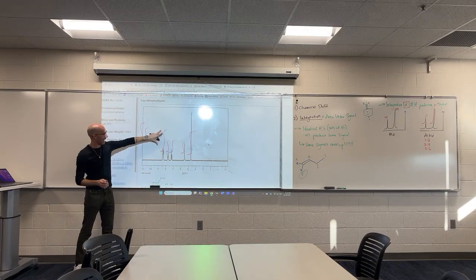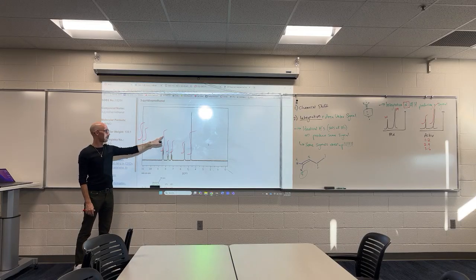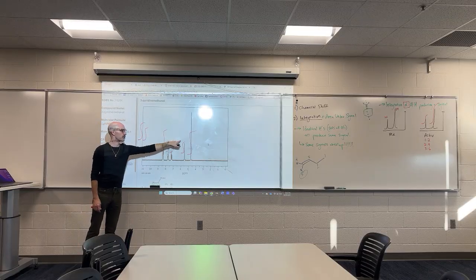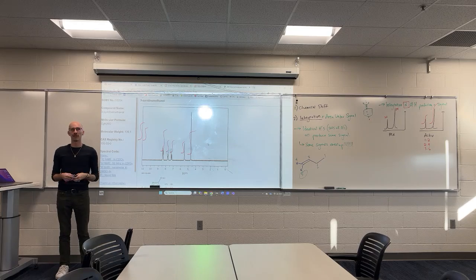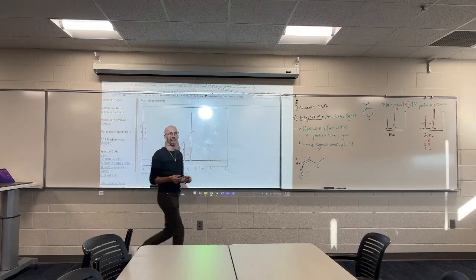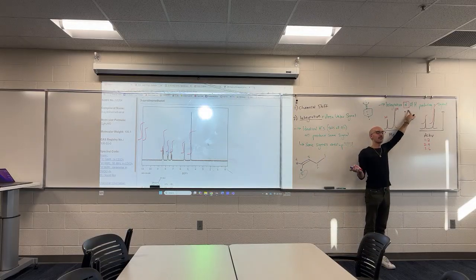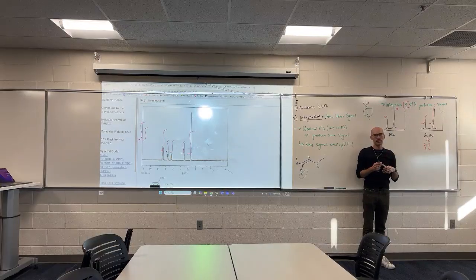But this is about half the size of the other one. So it could be 2 to 1 to 1 to 1 to 2. Could be 4 to 2 to 2 to 2 to 4. I'm not trying to make it that hard. I'm going to give you the actual ratios. But this is what I mean that the integration is proportional to the number of hydrogens. It's any of those possible ratios.